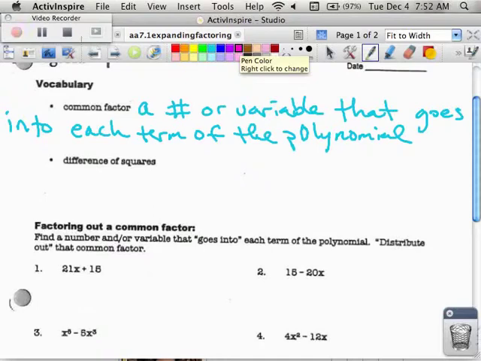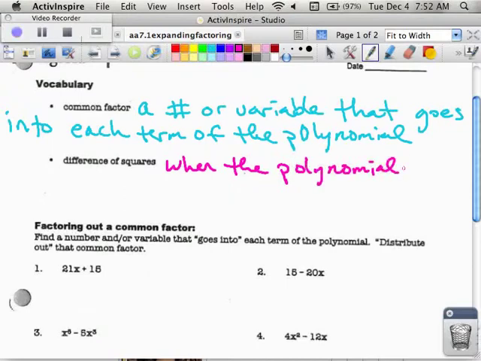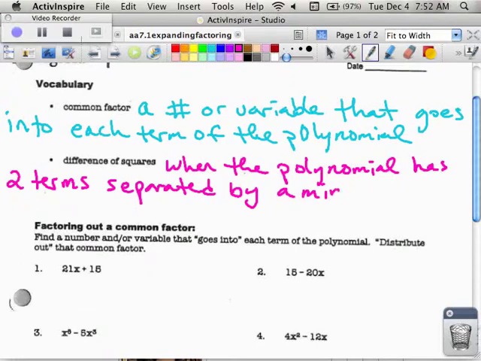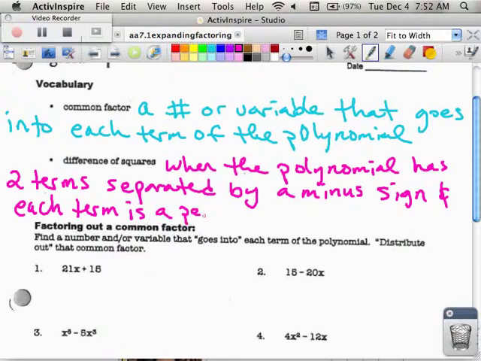The difference of squares is when the polynomial has two terms separated by a minus sign, and each term is a perfect square.